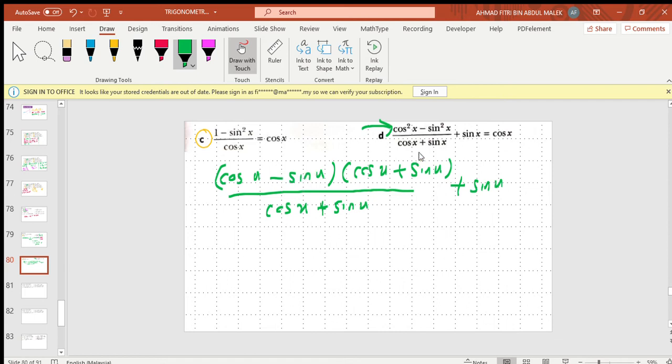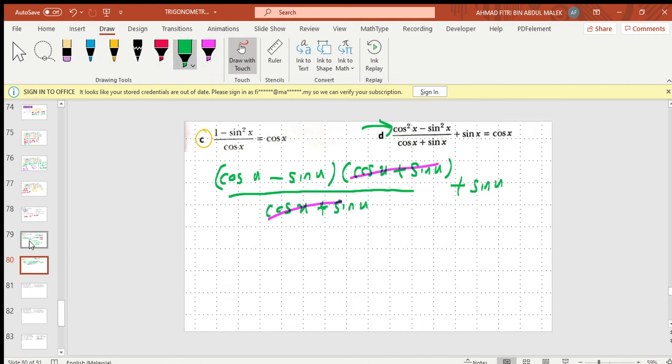Because I saw this is a square and I know it can be factorized, and I saw the denominator part can be cancelled off if I factorize the numerator part. So I have not solved it yet, but I have already simplified it.